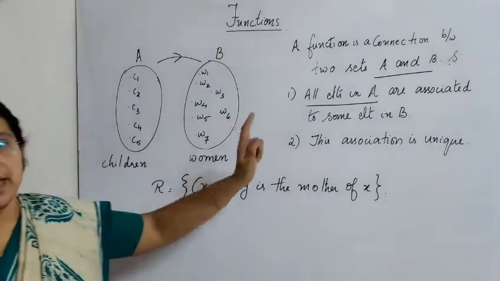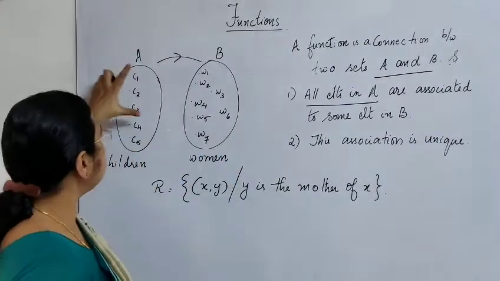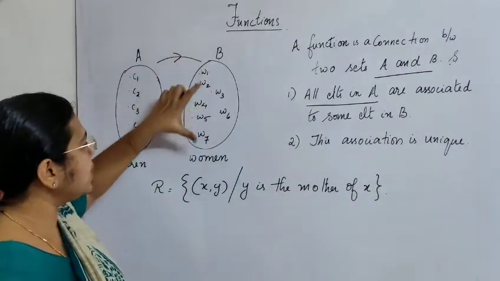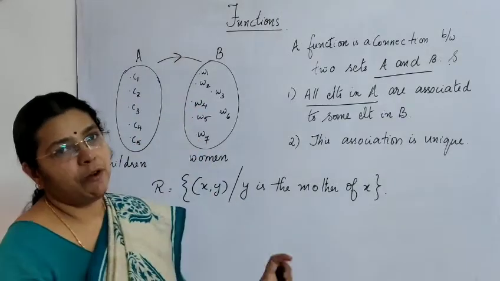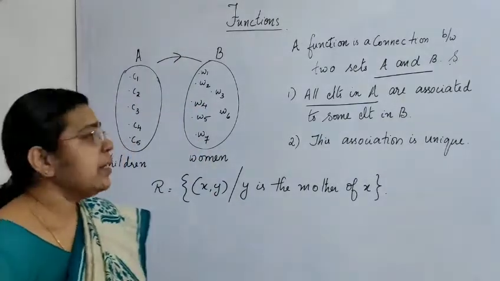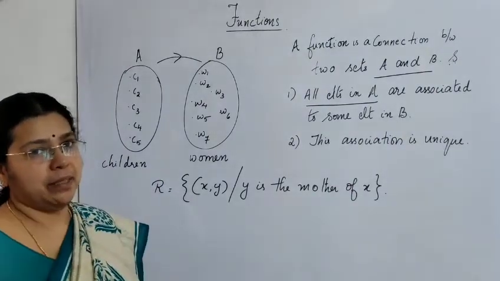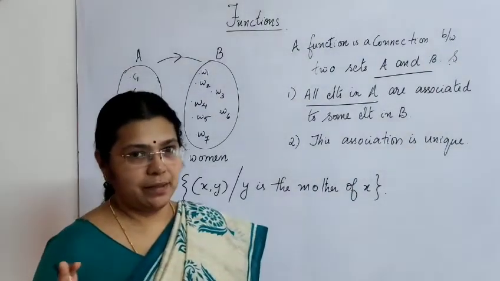This set A is the set of children in a community and set B is the women folk in the community. Now, if you look, every child has a mother, a biological mother.